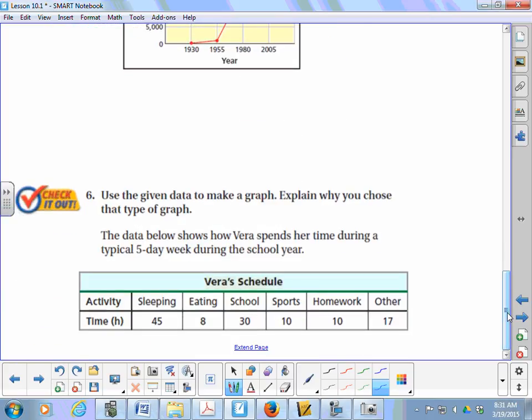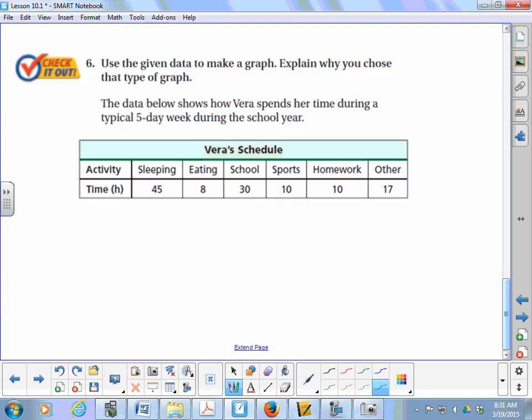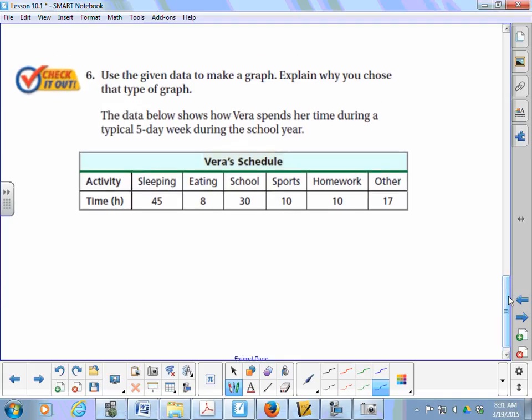Okay, so here we have graph. Says the data below shows how Vera spends her time during a typical 5-day week during the school year. So which of those graphs would probably be best in this situation?